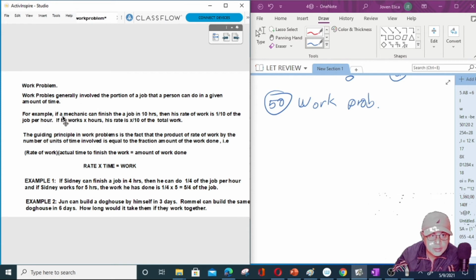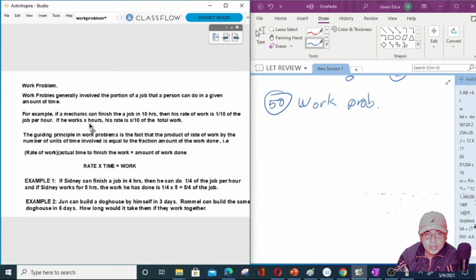For example, if a mechanic can finish a job in 10 hours, then his rate of work is 1/10 of the job per hour. So if he can finish the job in 10 hours, that means his rate is 1/10 of the job per hour.